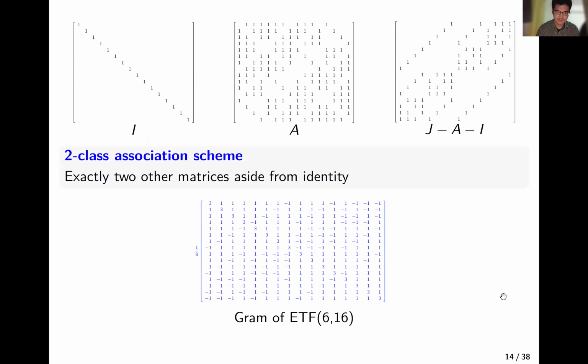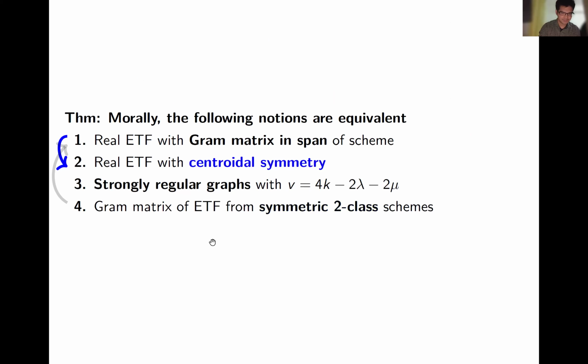A two-class association scheme means that there are two other matrices outside of the identity in my association scheme. If I can recover a Gram matrix using the idempotents of my association scheme, it is certainly a linear combination of the adjacency matrices above. And that really shows the first of these arrows. So nothing much to talk about there.